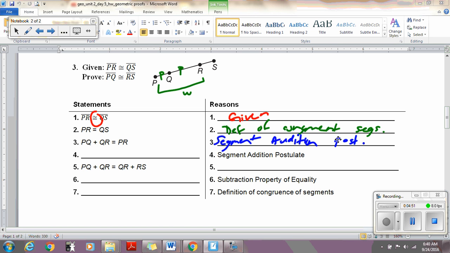And that example would be Q to S represents a whole. So that means QR and RS is another part. So I would write QR plus RS equals QS.